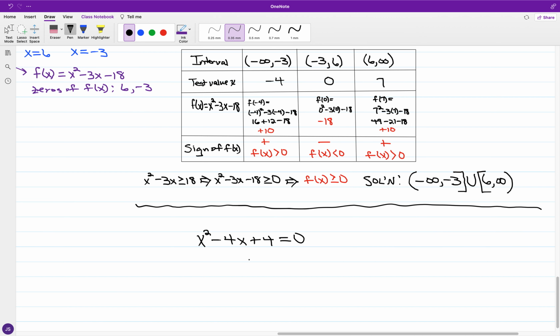These are items we're going to be looking into, say you have x squared minus 4x plus 4 equal to 0.